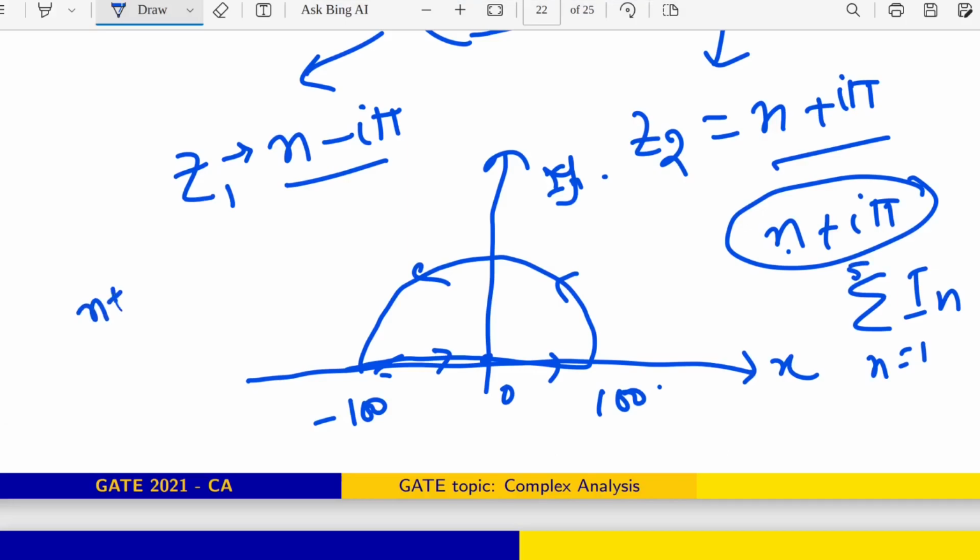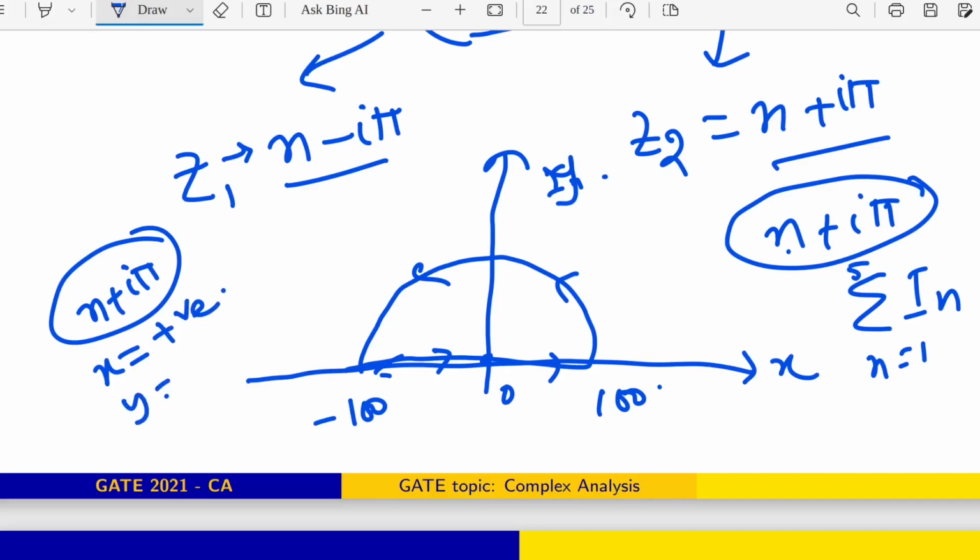So if I write n plus i pi, that means I am going for x as a positive value and y as a positive value, because pi has the value 3.14159, which is also a positive value. So you can see that this point is falling in that coordinate, positive x, positive y.